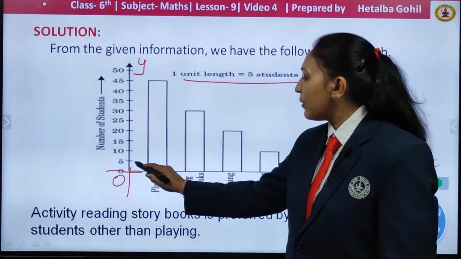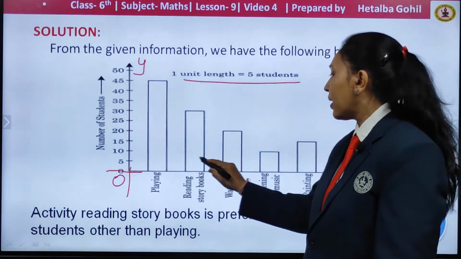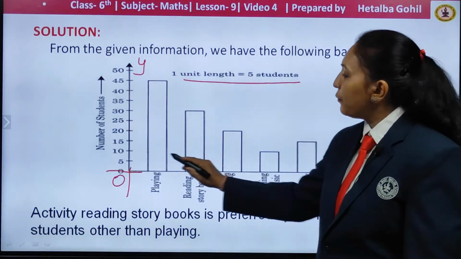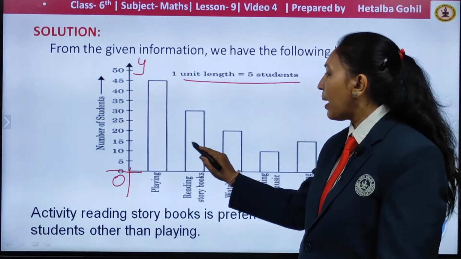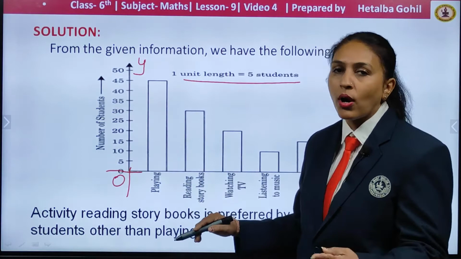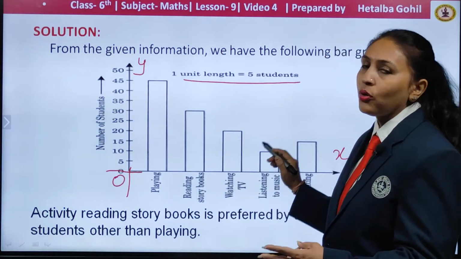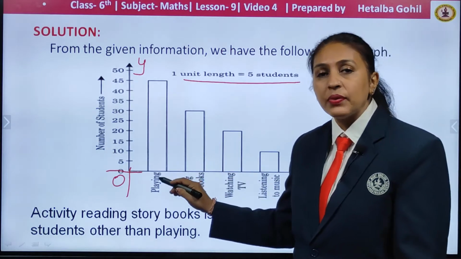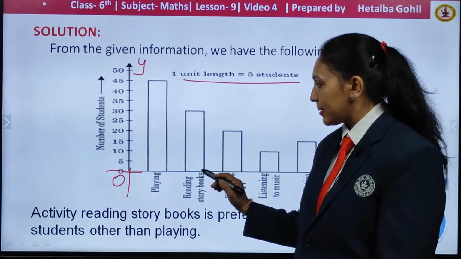Children, whatever gap you start with, if you are leaving one box here, then the other gaps should also be 1. If you are marking a 2 box gap here, the remaining gaps between the bars should be 2 boxes only. Not 1, then 2, then again 1, then 3. The gap between the bars has to be equal, no more, no less.